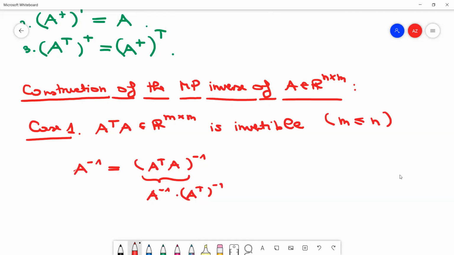So inverting changes the order of multiplication. So what would we need here to get A inverse? So (A transpose A) inverse is A inverse times A transpose inverse.